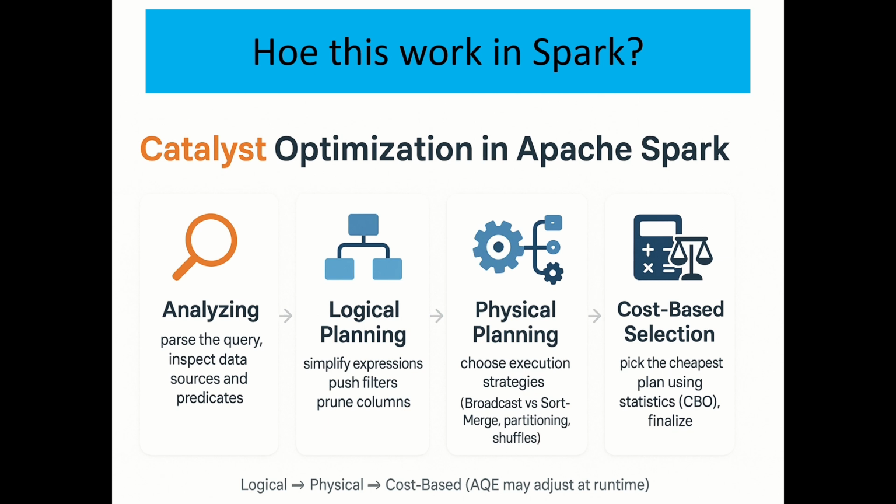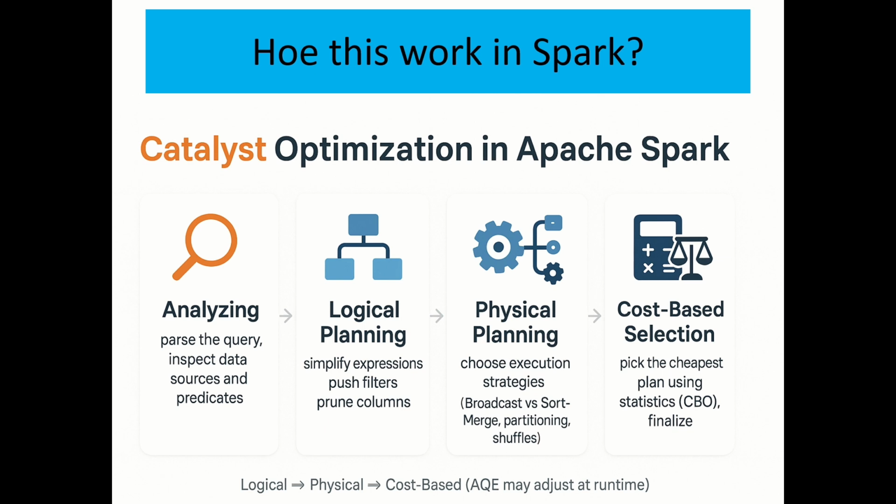Then it will prepare the physical plan. Suppose something needs to be broadcasted, what type of join it can do in your code, what changes are required, how it can plan it in a better way. Those things it will plan.